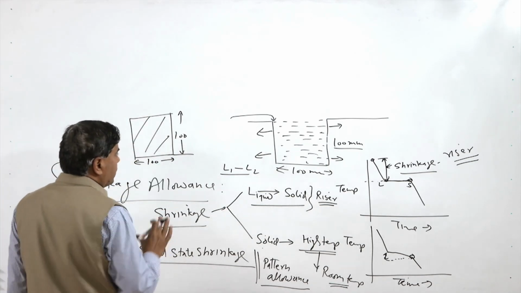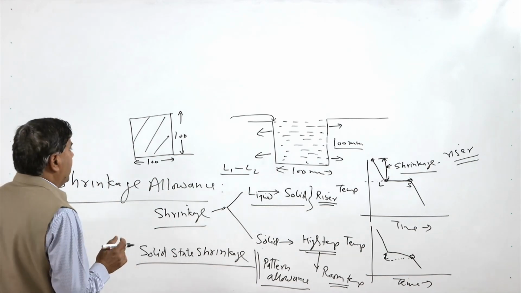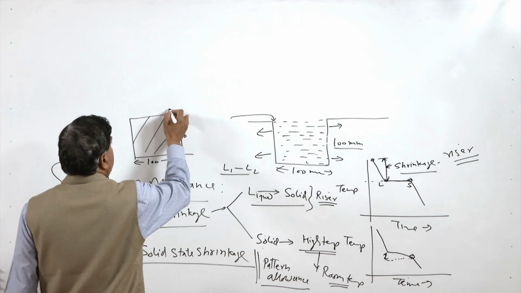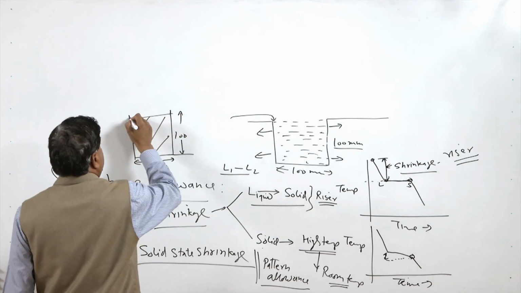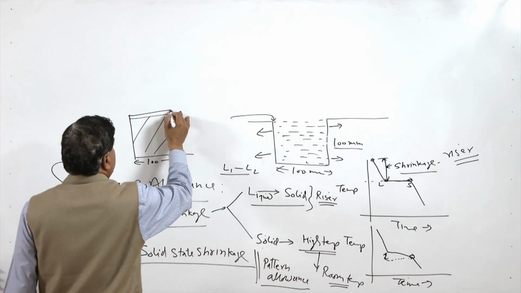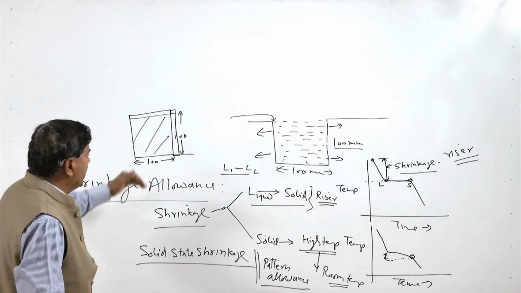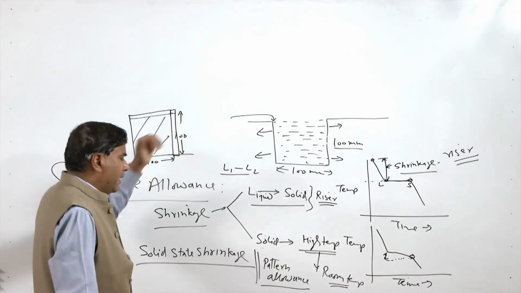So, the extent of the reduction needs to be taken care of, and accordingly we need to make the pattern of a larger size, so that after the shrinkage it is finally 100 mm.